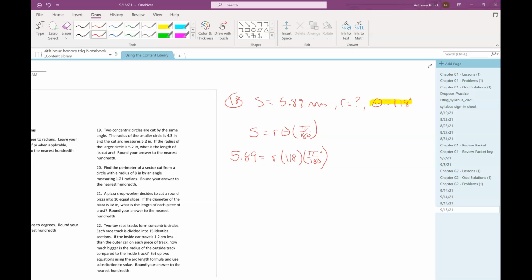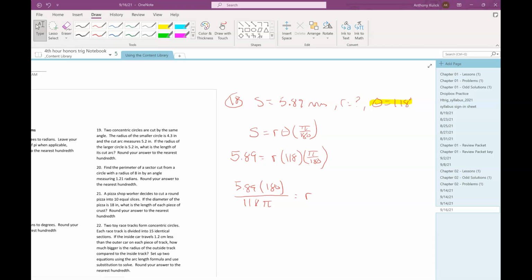So I'll divide by 118 and then multiply by 180 over pi to move everything onto the other side. Okay with what I did there?